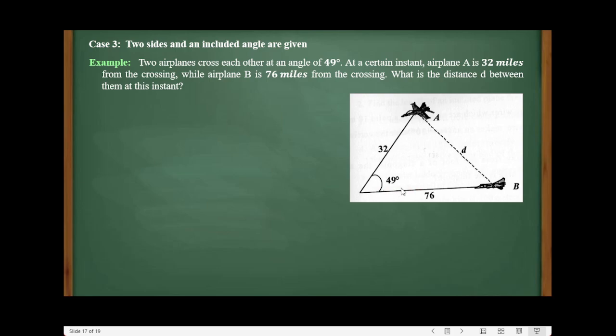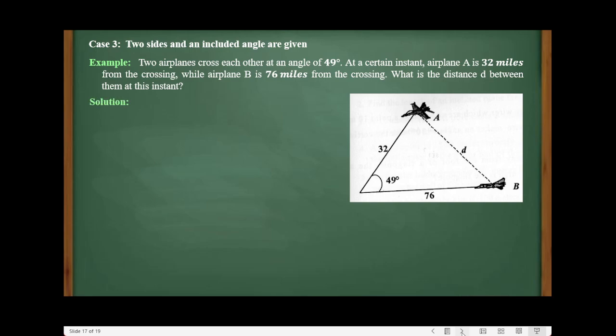So from the problem, at that point, what is the distance between these two? So basically, the problem illustrates an oblique triangle, wherein one side, the broken side, denoted by small letter d, is the distance of the two planes at that instant. Okay?